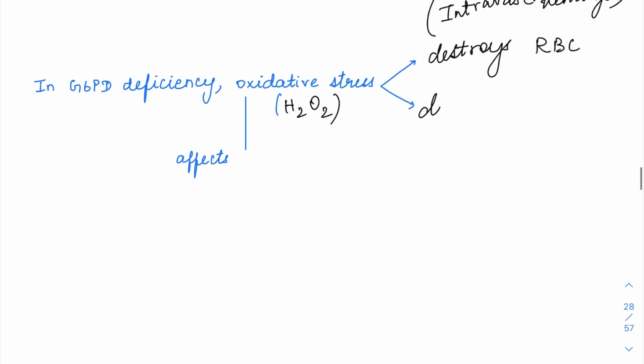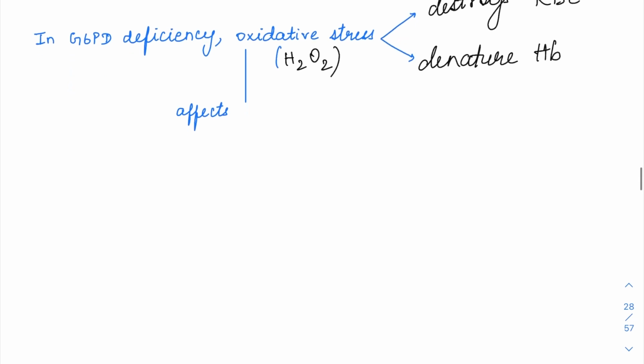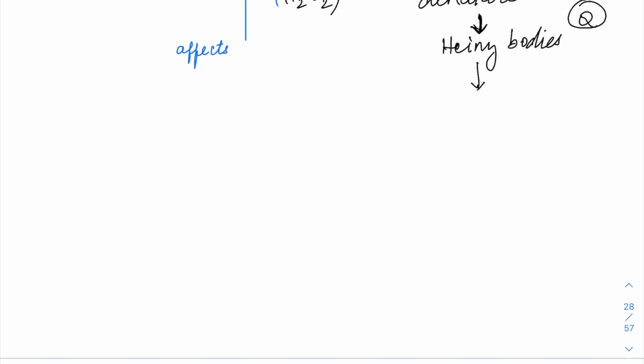Apart from that, this oxidative stress can denature the hemoglobin present in the RBCs. Denatured hemoglobin in the RBCs is going to form Heinz bodies. Heinz bodies are nothing but denatured hemoglobin only. When these Heinz body containing RBCs enter the spleen, the spleen is going to take a bite of it. It is not normal, right?